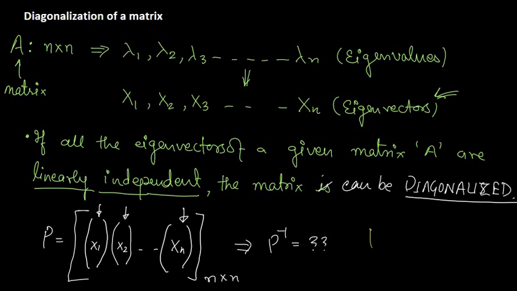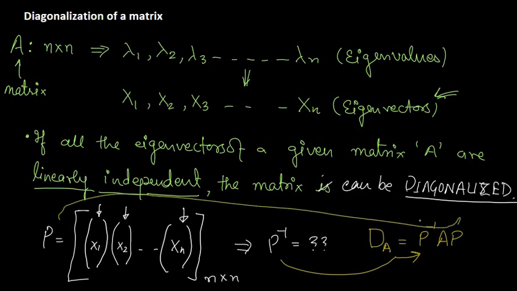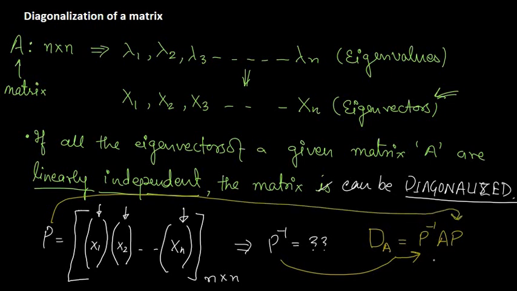Then we define a matrix dA equal to P inverse A P. We write P inverse here, P here, and this is your original matrix A. P is the matrix whose columns are the linearly independent eigenvectors, P inverse is its inverse, and A is your matrix.